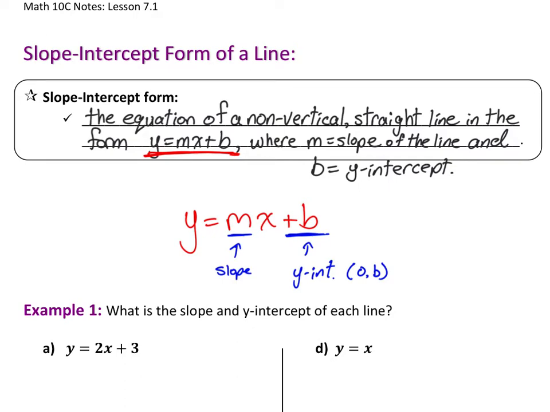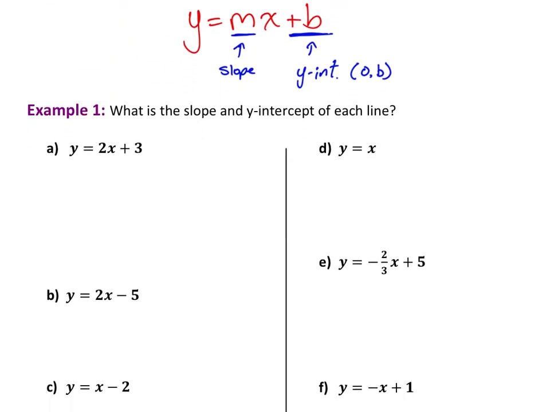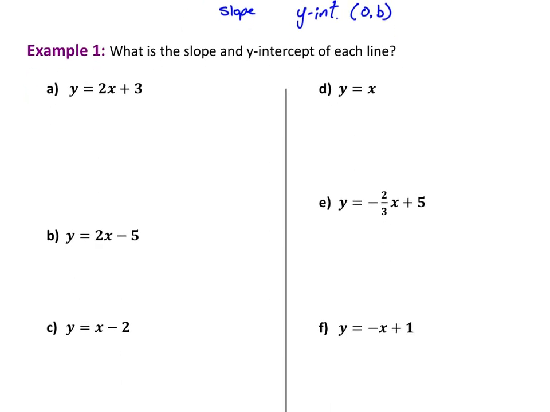So let's practice identifying some different slopes and y-intercepts given equations of a line. So for example 1, part A, we have y equals 2x plus 3. All right, so the number being multiplied in front of the x is your slope. So m, or slope, is equal to positive 2 here.